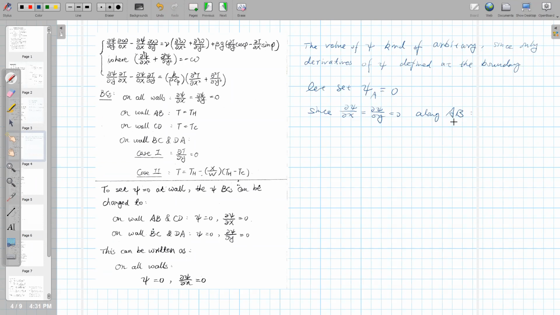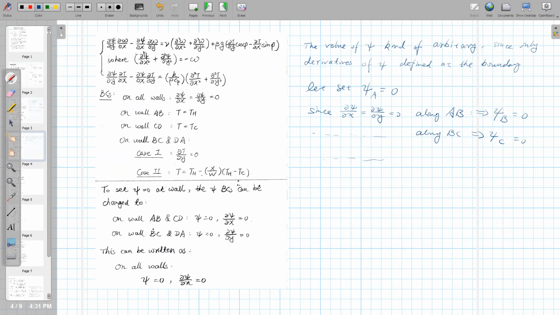It means that along the wall AB, there is no gradient in any direction for psi. So if you do integration, you know that psi at B has to be 0. And similar things along B and C, you can also derive that psi of C will be 0.